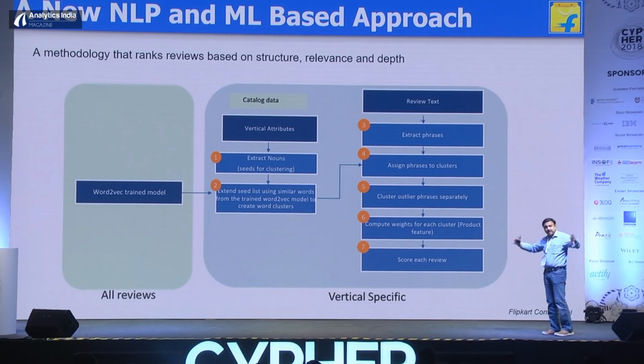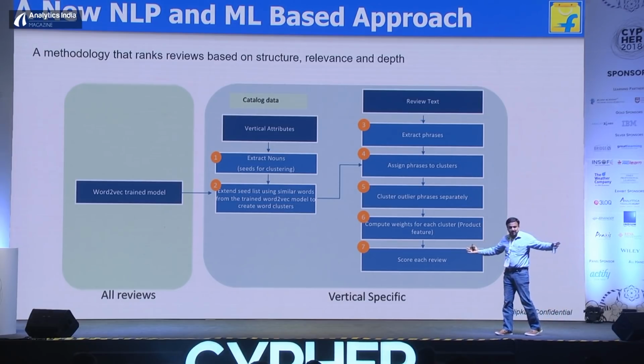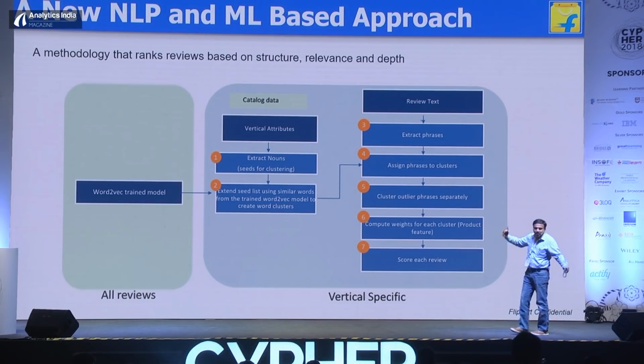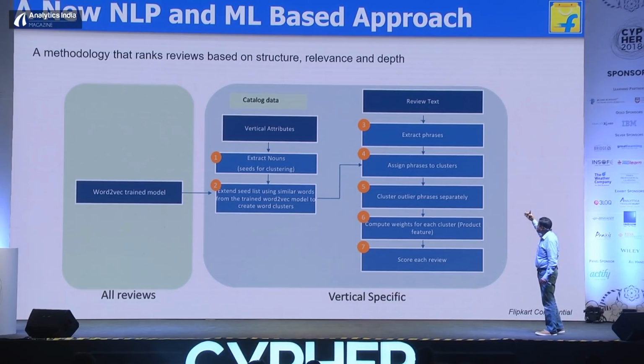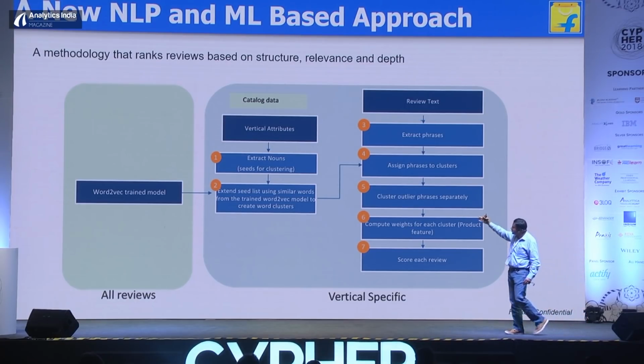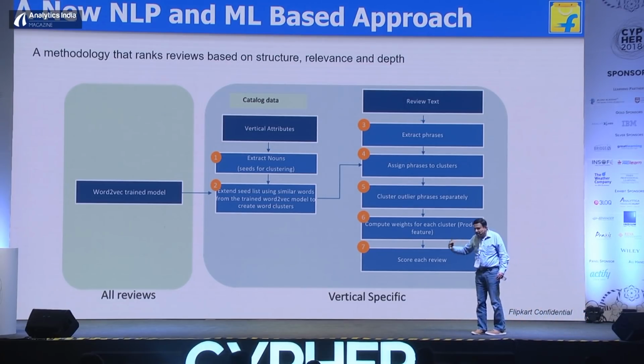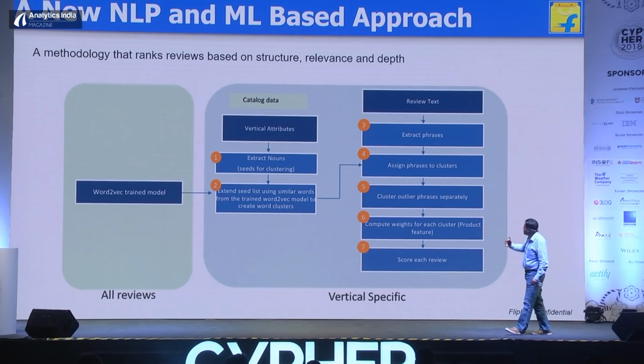Then you go to the entire corpus of the text of the reviews, and from that, mine descriptors of these seed words and build phrase clusters. You also look at other sources of information which weren't captured here but are repeated often, build other independent clusters that get created, and then compute the weight for each of the clusters.